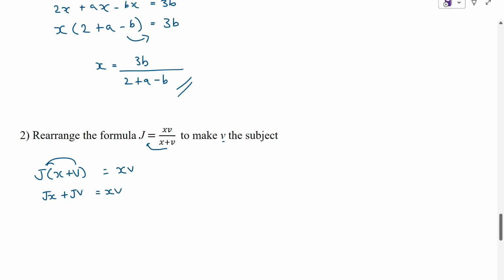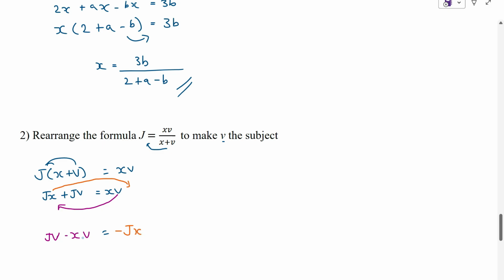Now we want v to be the subject, so we need all the v's on one side and all the other terms on the other side. So we can take this term over here and this term, because it's x, over here to the other side. That gives us jv - xv = -jx.